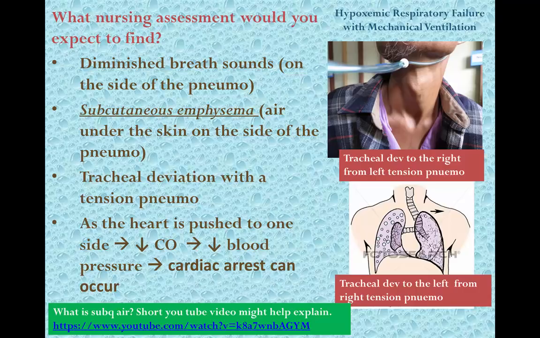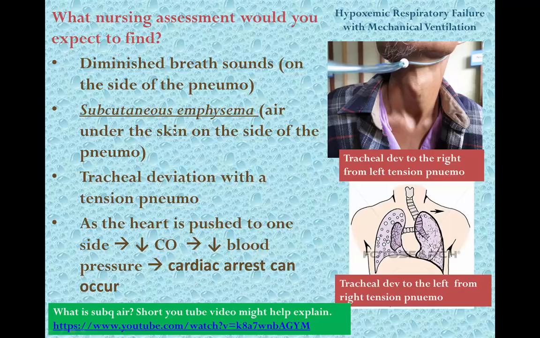So they went to sleep, and when they woke up the next morning and were talking to their spouse, the spouse said, your voice sounds really funny. And she touched his neck area, and it sounded and felt weird to her. That was subcutaneous air that had leaked from that spontaneous pneumo from the trauma up into the neck area, which could impede the airway. So subcutaneous air, I want you to consider that to be a sign and symptom of a pneumothorax.